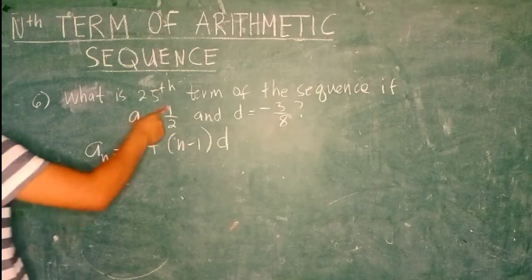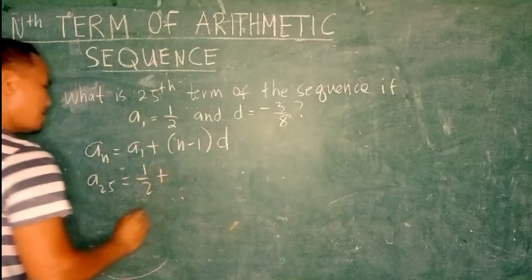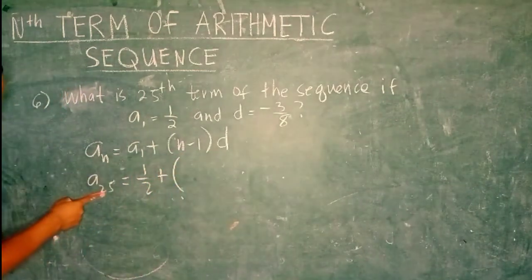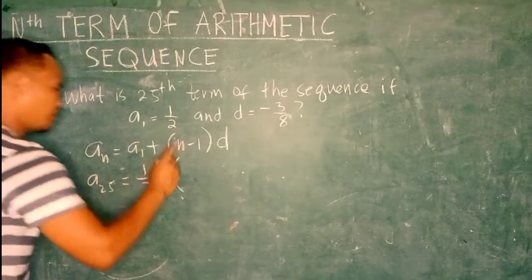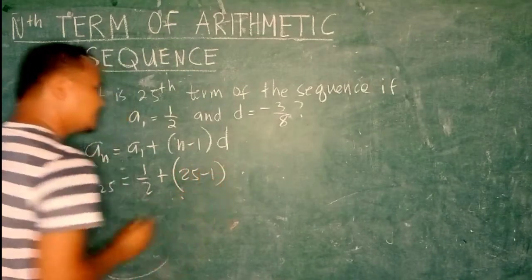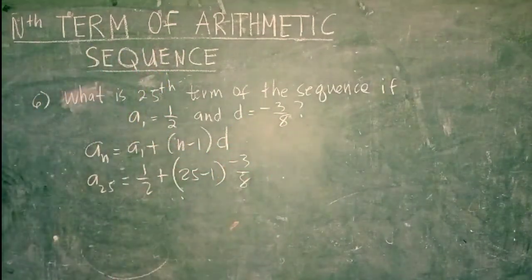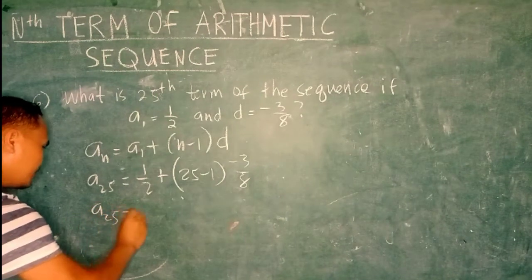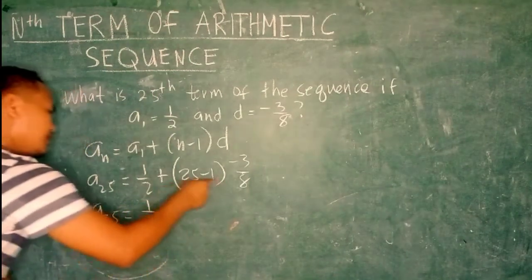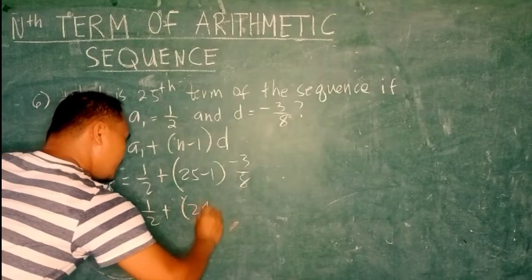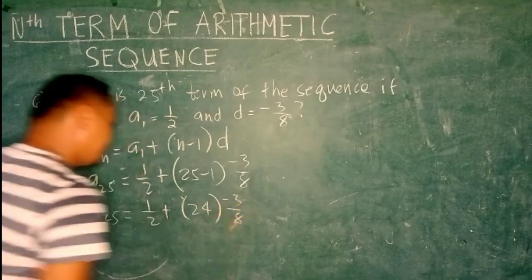Then the first term is 1/2 plus, since we are finding the 25th term, n is 25, minus 1 times the common difference, negative 3 over 8. Okay. A sub 25, copy it, plus, subtract, that's 24 times negative 3 over 8.